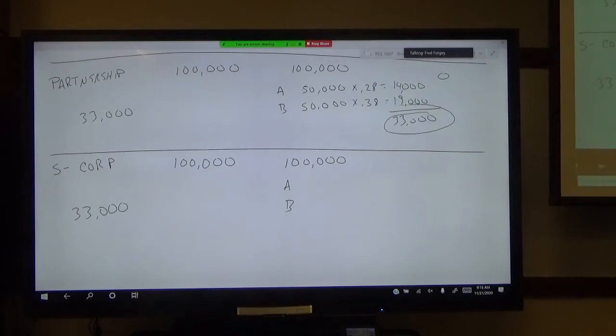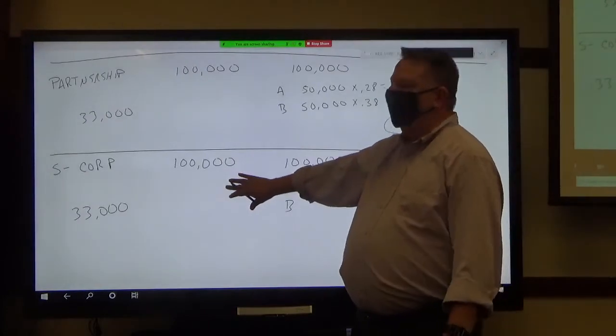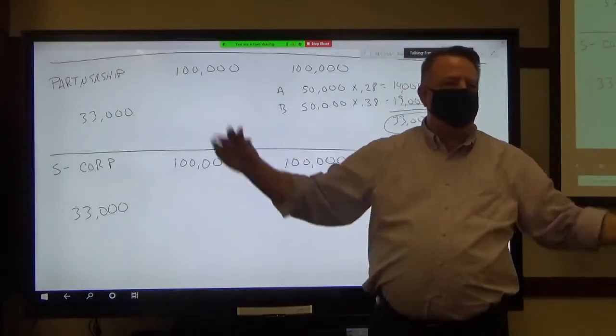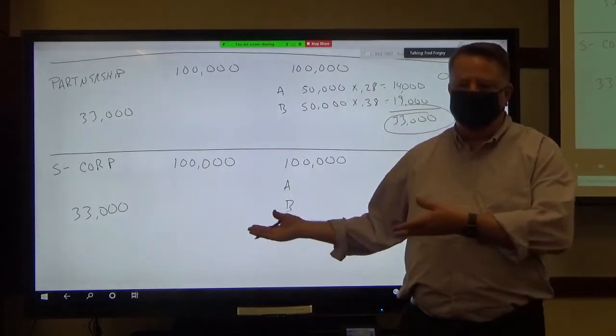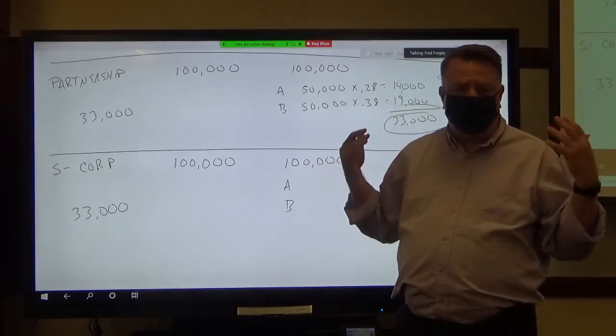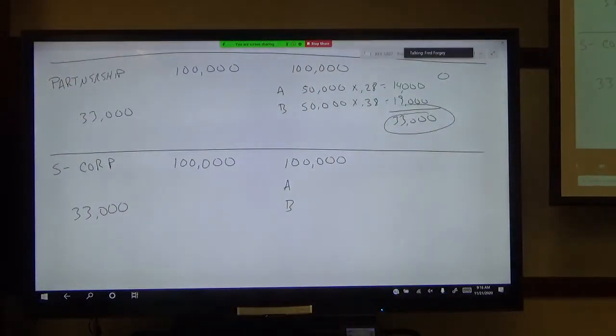But with an S Corp, you're limited to around 40 or 45. It's going to be a small business corporation. So that's why all the other corporations aren't necessarily S Corps, because they have too many shareholders to allow them to be S Corps.